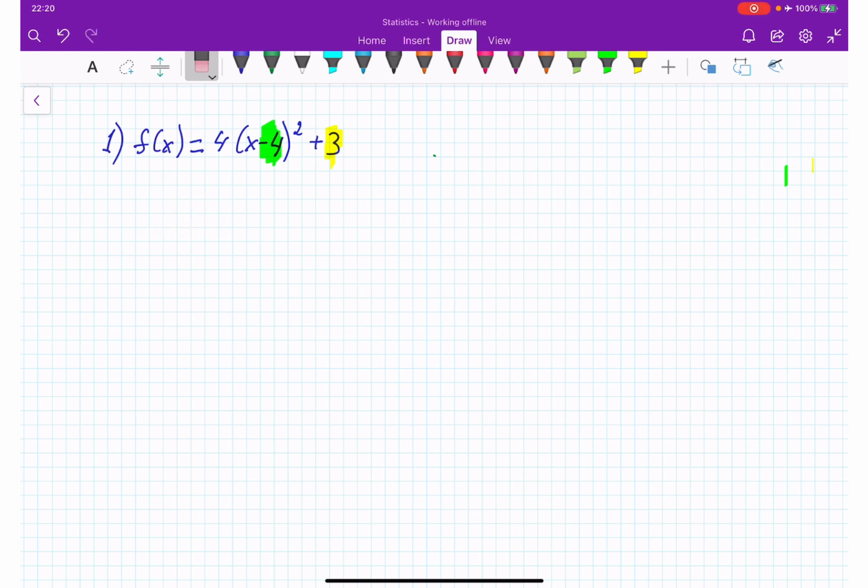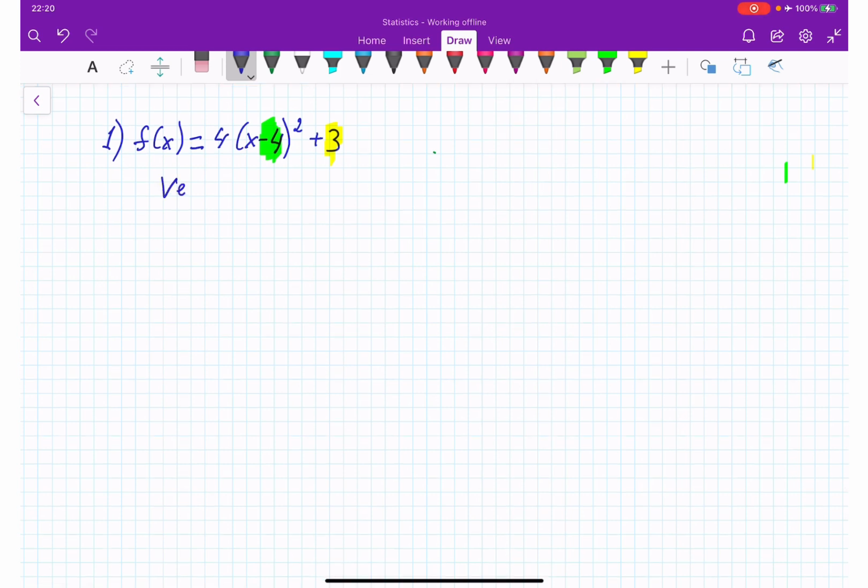So the vertex: x is going to be positive 4, y is going to be positive 3. So I flip the sign for the change of x, and the shift for the y stays the same.